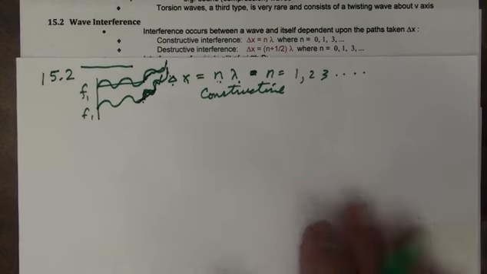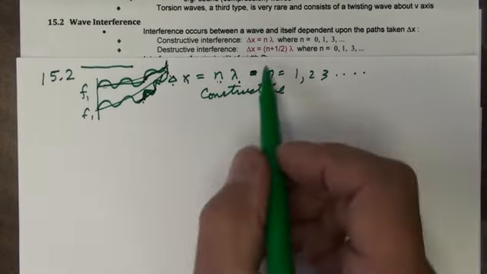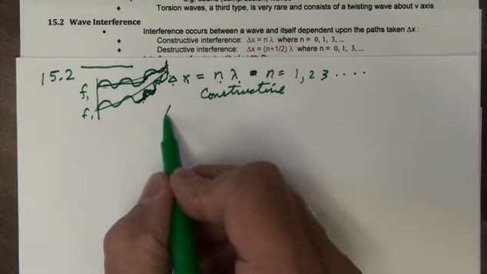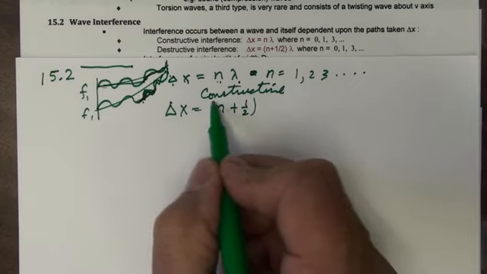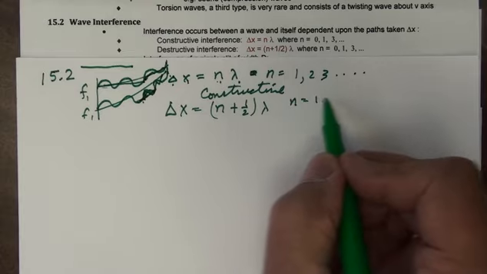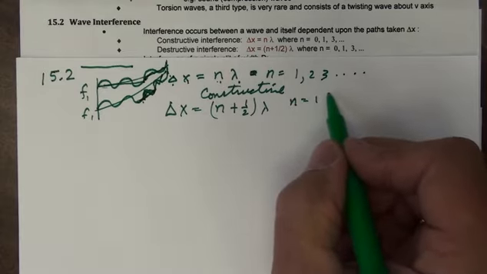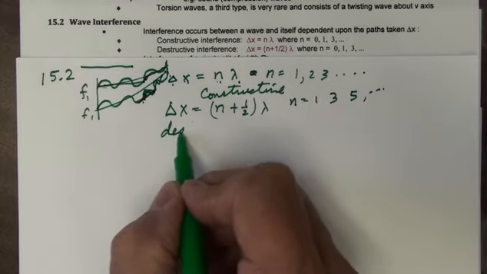If, however, the path length for two waves going in different paths differs by a delta x, which is an integer and then another half of a wave times lambda, where n is equal to 1, 3, 5, and so forth, then we're going to get destructive.